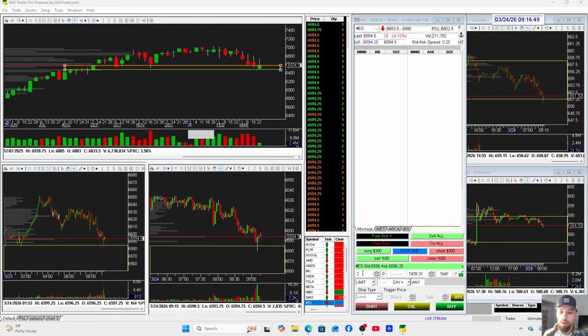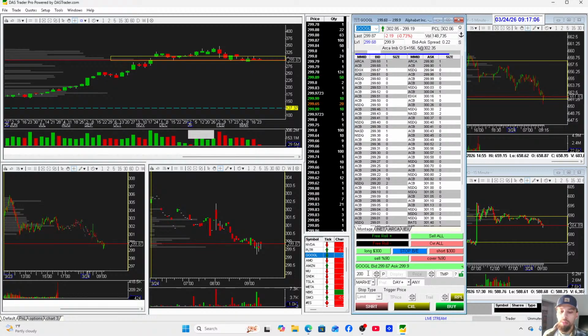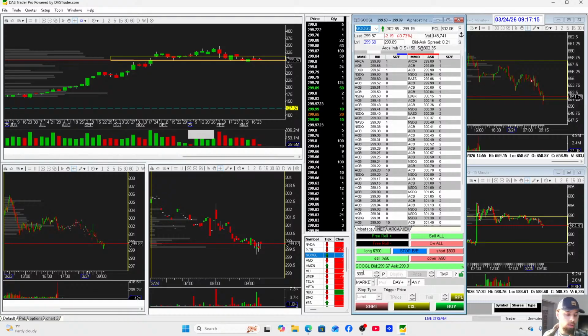If you look down here on the level 2 montage, for shares, when I go up and down, it goes in contracts. So 1 contract, 2 contracts, 3 contracts. And on a stock, my mouse will go in 100 shares per roll of the mouse roller.